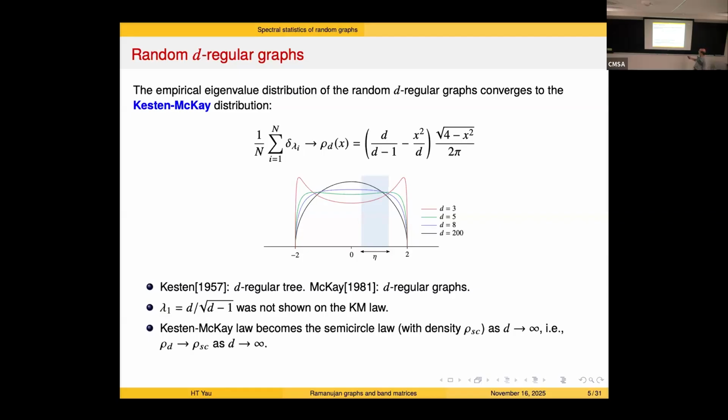So you can see that if d goes to infinity, this becomes 1 and this term vanishes. It becomes the semicircle. But on the other hand, for d equals 3 and d equals 5, it is very, very far from the semicircle. So for small d it is very far from the semicircle, but when d becomes large, it is essentially the semicircle. So the eigenvalue distribution goes to the Kesten-McKay law.